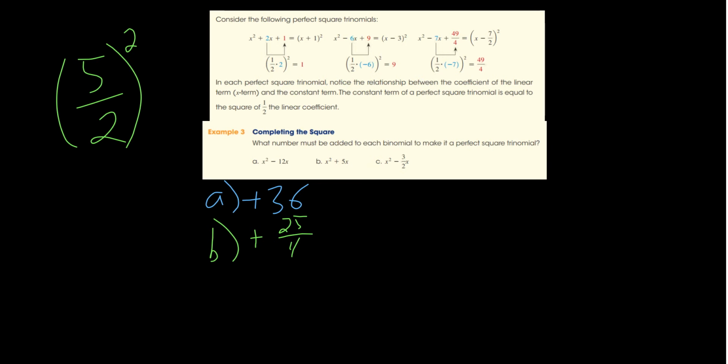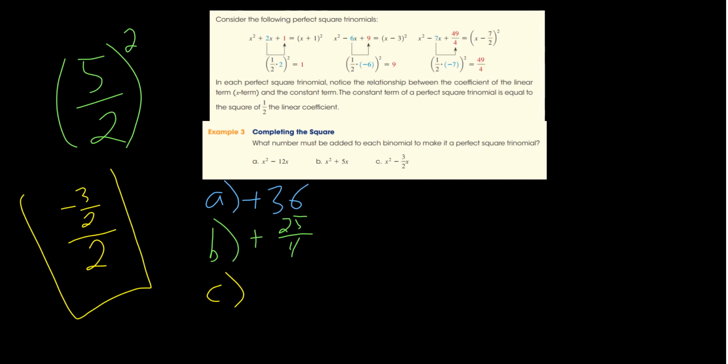And of course, C has to come in with fractions. Nobody likes fractions, right? And this actually is a good time to talk about dividing by fractions. So this would be negative 3 halves divided by 2. Now here's the thing. You look at it and you roll your eyes, right?